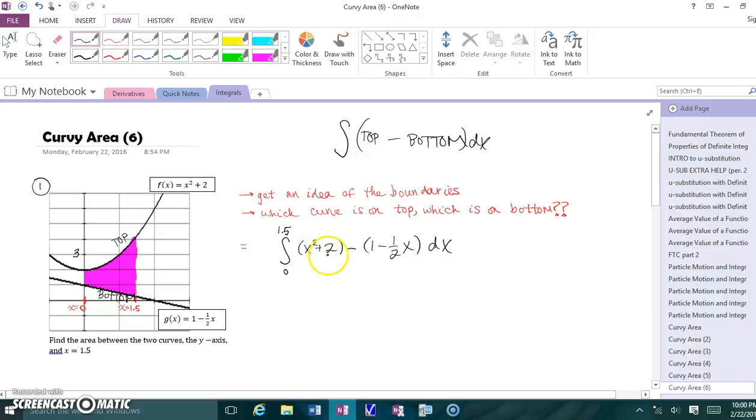Now notice I have parentheses around each of these. Those are going to be very important. And when you type it into your calculator, you need those parentheses or else you're going to get the wrong answer. If you want, you can distribute the negative before you type it into your calculator. If you really want, you could simplify, but to save time, it's probably better just to type this right into your calculator.